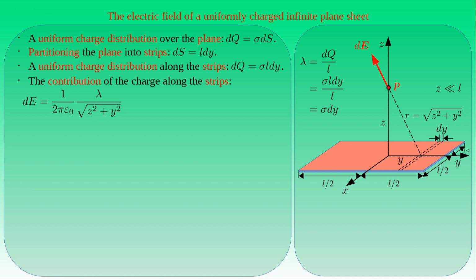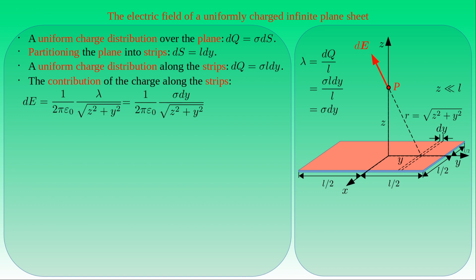Here we already expressed the distance r as the square root of z squared plus y squared. By substituting the product of the surface charge density and the infinitesimal width dy into lambda, we obtain 1 over 2 pi times epsilon naught, times sigma times dy divided by the square root of z squared plus y squared.